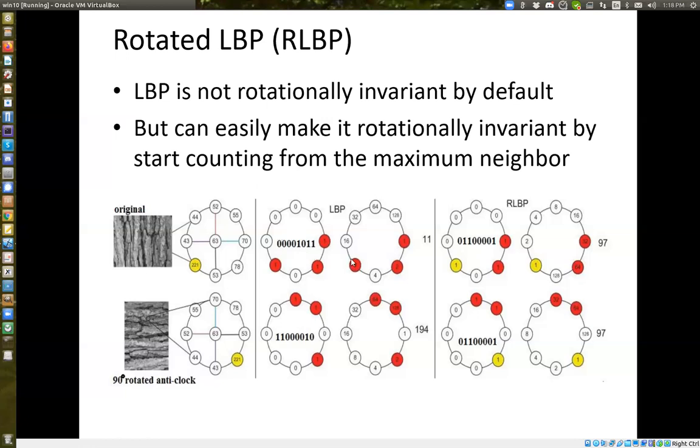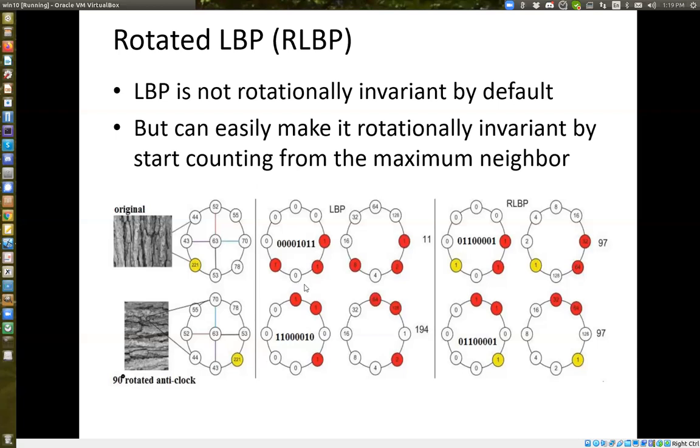And it turns out the value is 11. And after the rotation, for this one I will have 110 and so on, because the starting point is different, so apparently it will be different, right? So the representation is not rotational invariant.